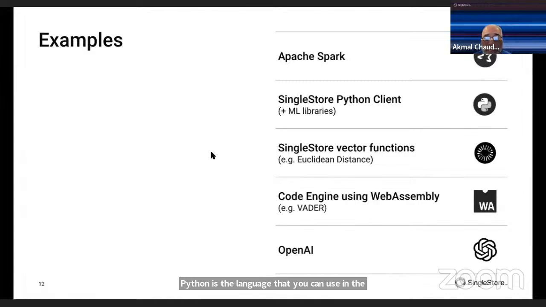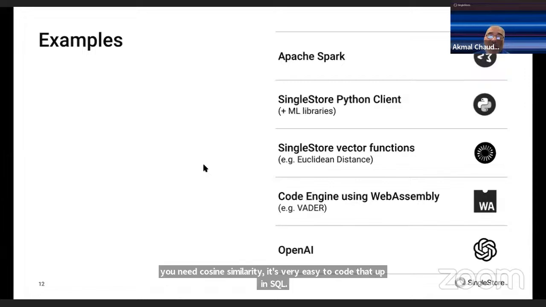That's what we're going to use today. Out of the box, for the vector function, SingleStore supports Euclidean distance and dot product. For many applications, that's sufficient. If you need cosine similarity, it's very easy to code that up in SQL. We actually have that documented in our product documentation.